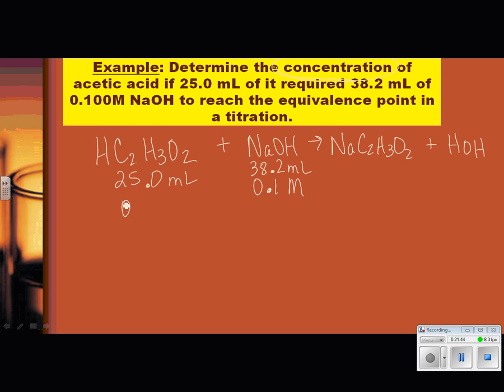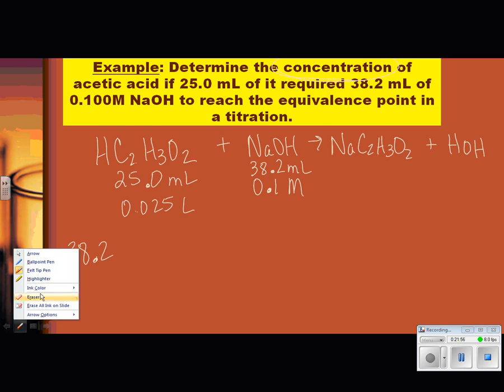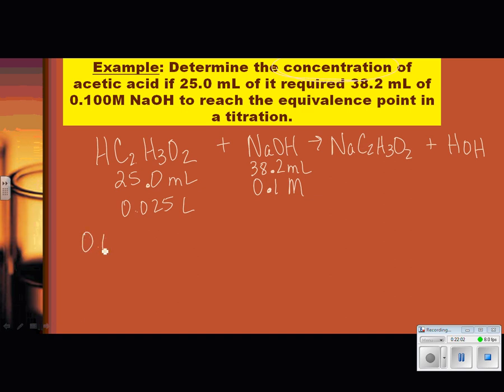So this would be 0.025 liters. And then we're going to start with our 38.2, which we need to convert. That would give me 0.0382 liters.